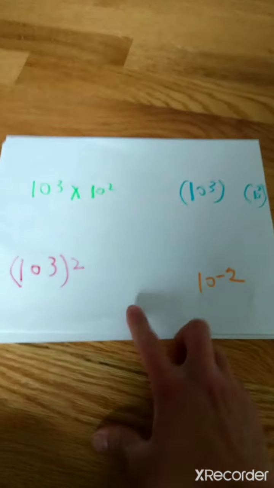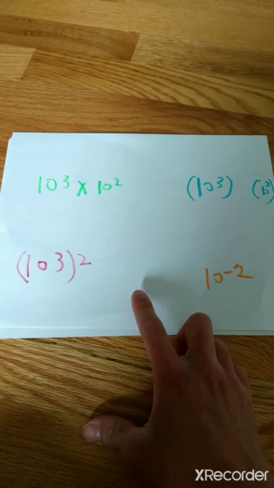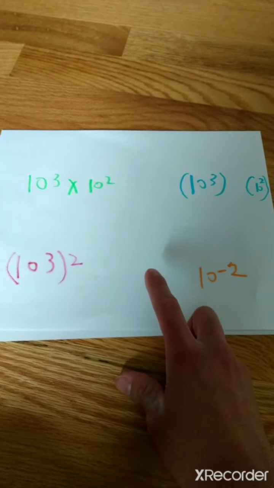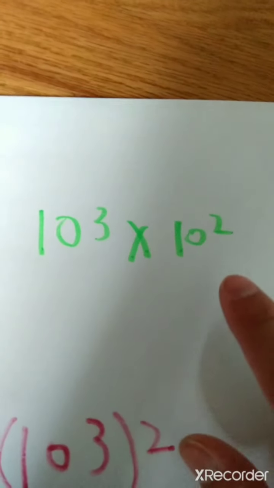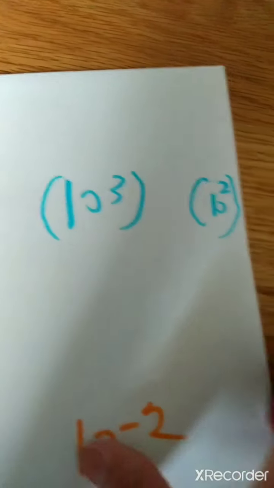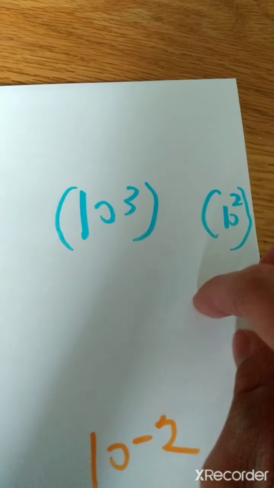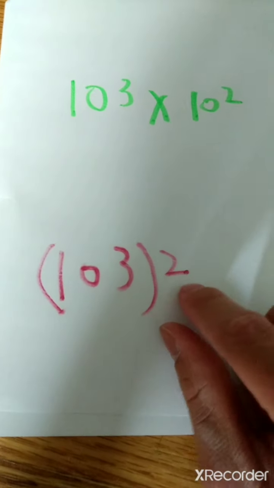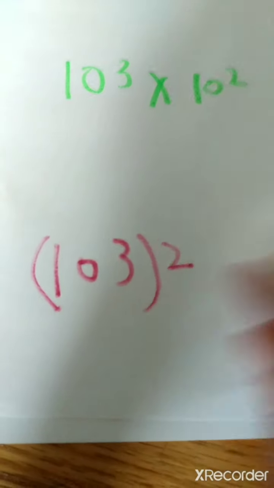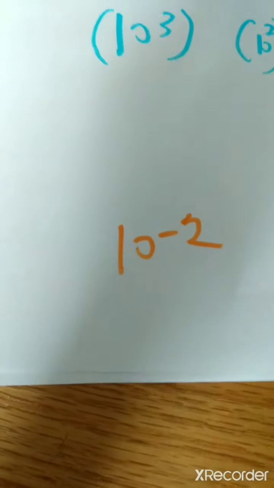There are 4 types of problems that we're going to be reviewing because we are experimenting with exponents, like 10 to the power of 3 multiplied by 10 to the power of 2, parentheses with 10 to the power of 3 and 10 to the power of 2, 10 to the power of 3 being raised to the power of 2, and 10 to the power of a negative exponent.